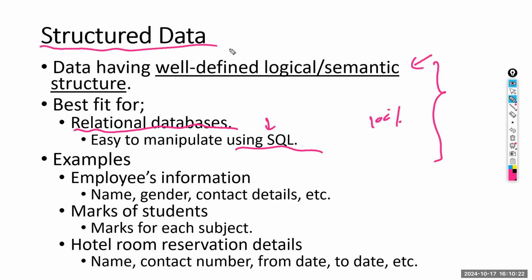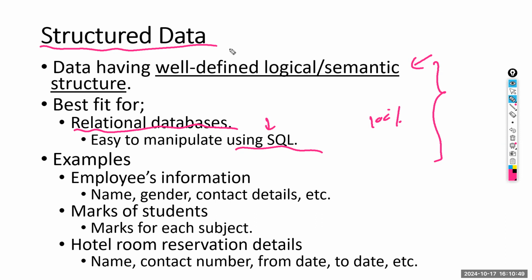So structured data is the typical data that we process in information systems like employee information, students' information, marks of a student, hotel room reservation details, order details, payment details. So well-defined structure like student name, student ID, student gender, student contact details, right? Order ID, order date, order amount, order type.